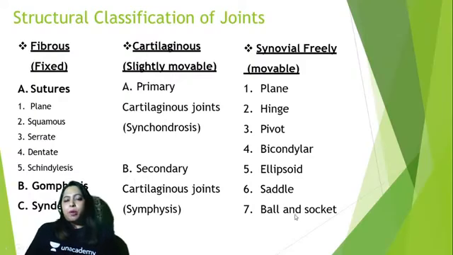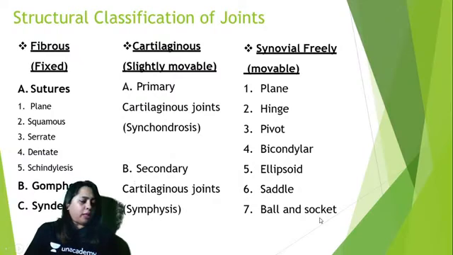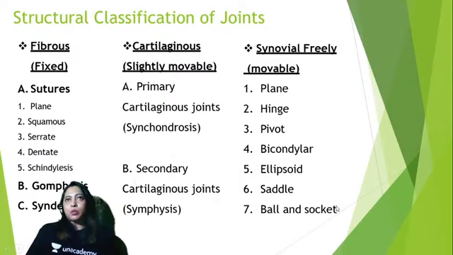We were talking about the ball and socket type of joint. I told you the examples are both the hip joint as well as the shoulder joint. You can give either of them as an example. Why?